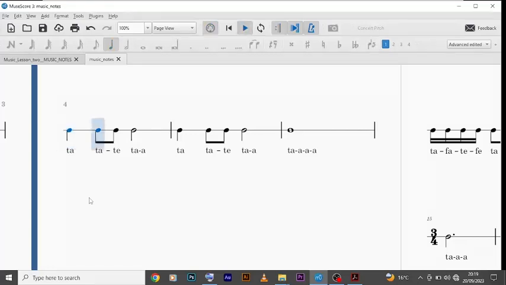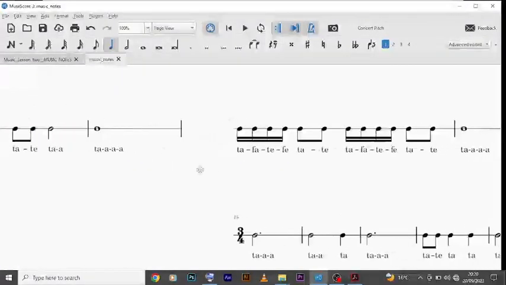We can take this example also. Ta, ta, te, ta, ta, ta, te, ta, ta. This is very easy. We can sing again. We go ta, ta, te, ta, ta, ta, te, ta, ta.